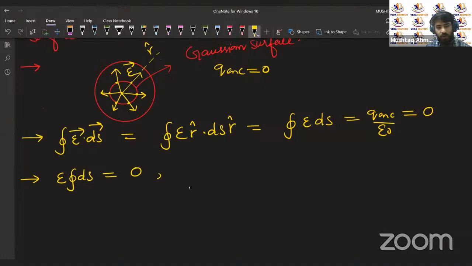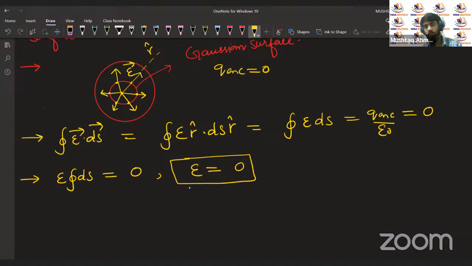From here we can clearly see that the magnitude of the electric field is 0 only in the symmetric case, only when the electric field has the same magnitude at every point on the Gaussian surface. So it's not always true that if the total charge enclosed is 0, then the electric field will also be 0. It's only true in the case of symmetry. Here we discussed the case of spherical symmetry.